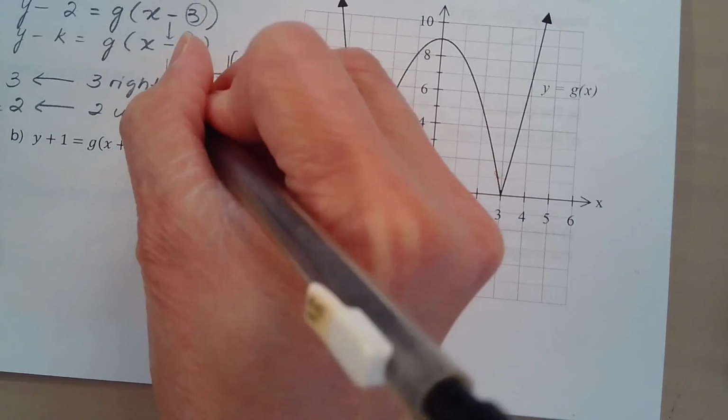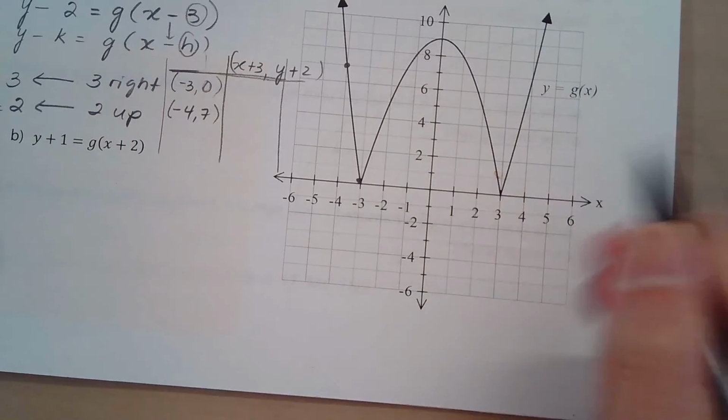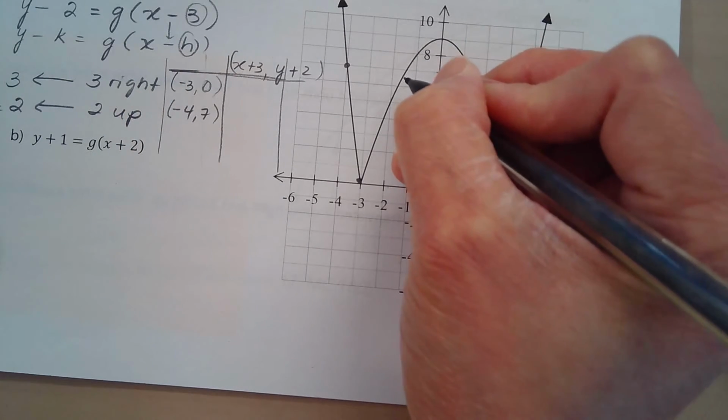Negative 4 and 7. Yeah, I see that too. Negative 2 and 5.